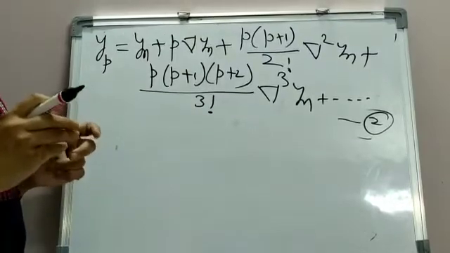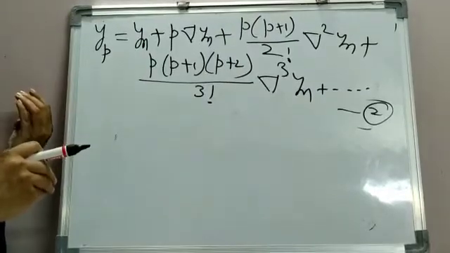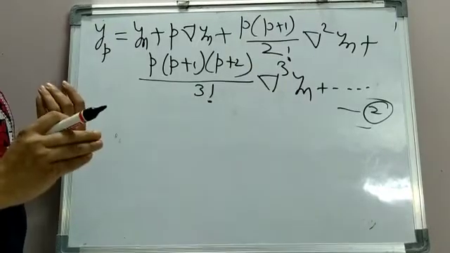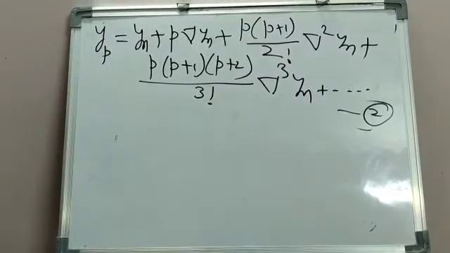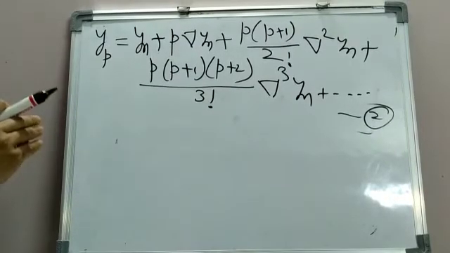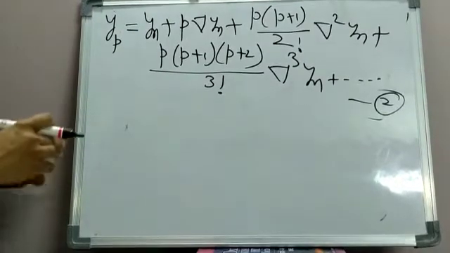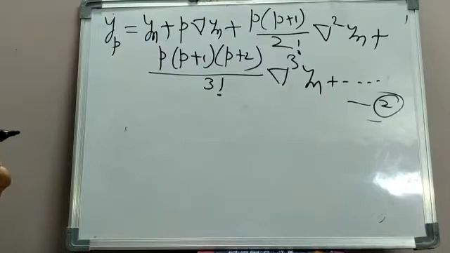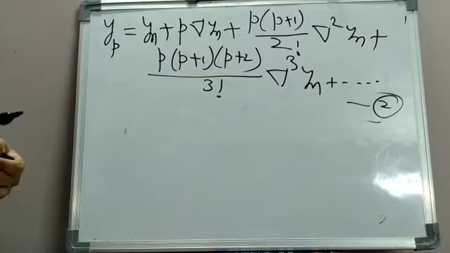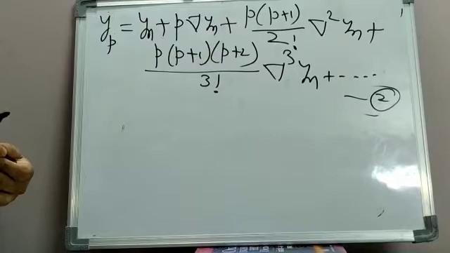If that particular value of x lies towards the beginning of the table or to the left of the first value, then you apply Newton's forward formula. But if it lies towards the end of the table or to the right of the last value, then it is advisable to apply Newton's backward interpolation formula. So we have to decide the formula based on the location of the value of the argument.